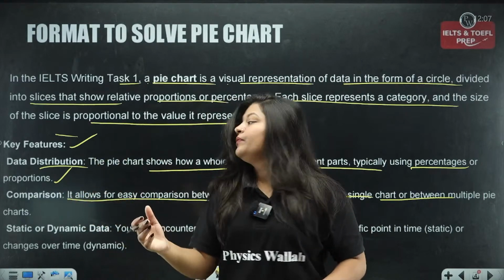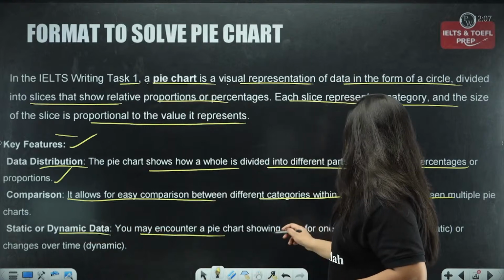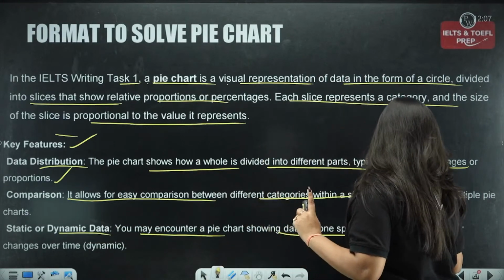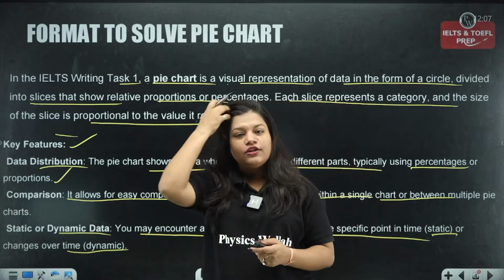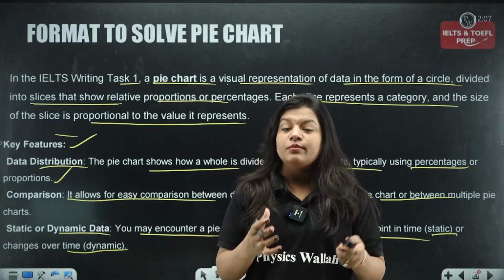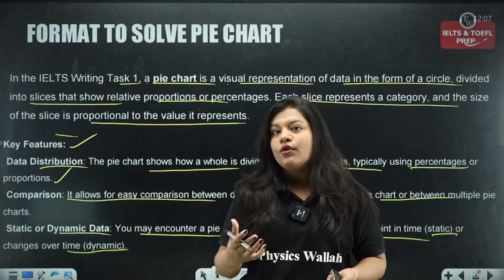Now, the next one is static or dynamic data. You may encounter a pie chart showing data for one specific point in time, which is static, or changes over time, which is dynamic. So you need to make sure whether the data provided is static, which means it is not changing, or dynamic, which means it is changing.